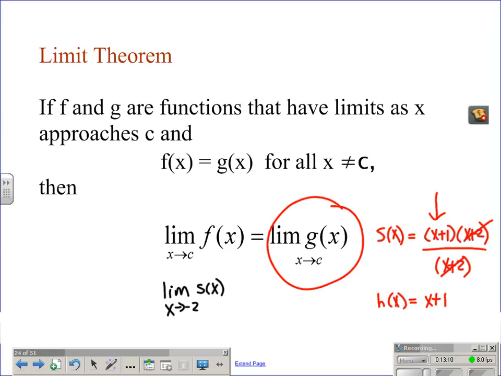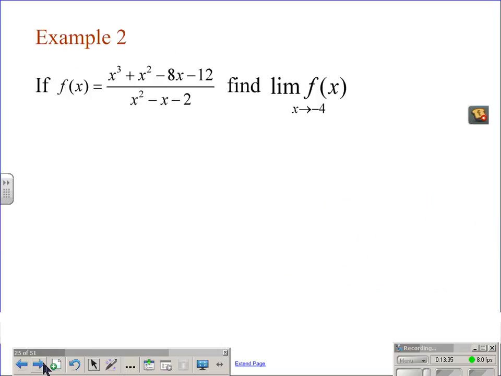So if I simplify it, I notice that the behavior up to that point is the same as the behavior of h of x. So all I really have to do is find the limit of h of x, which is x plus 1, which is just a polynomial function, at negative 2. So in this case, you would just plug in the negative 2. So it's saying that those two are equivalent. So we will be using the limit theorem quite a bit.